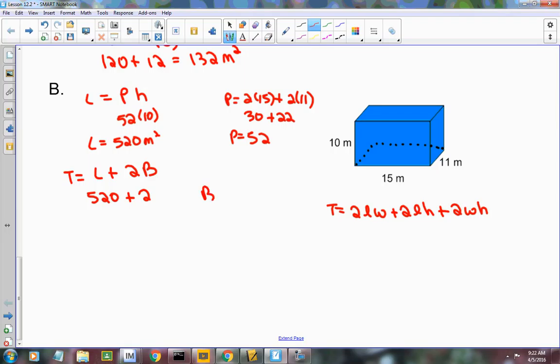And then my base is a rectangle, so that's 15 times 11, which is 165. So you gotta multiply it by 2, because there's 2 of them, which is 330. So we get 520 plus 330, which is going to be 850 meters squared.